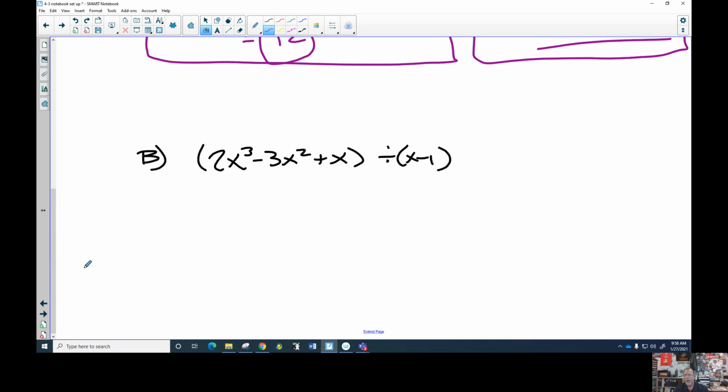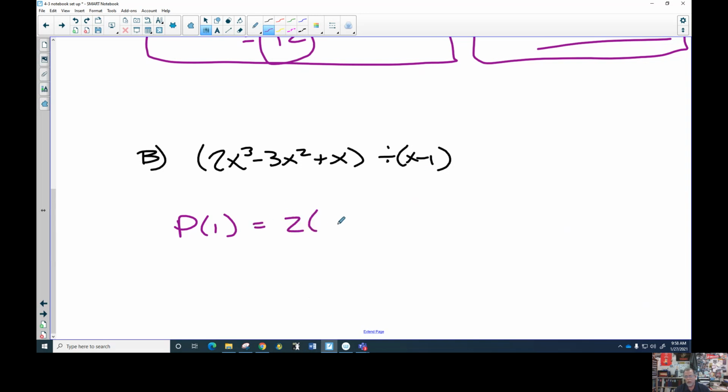So we have this, and it tells us they want to know from this division what the remainder is. They're not asking you to do the division, and this will tell us whether you're reading the directions or not. If you read those original directions, this looks like a division problem. It is not. All right, what it is saying is find p of 1, because 1 is our root.